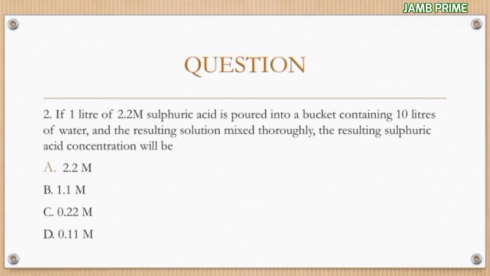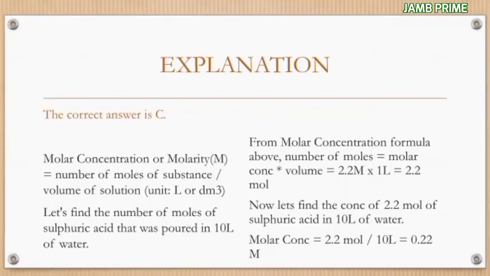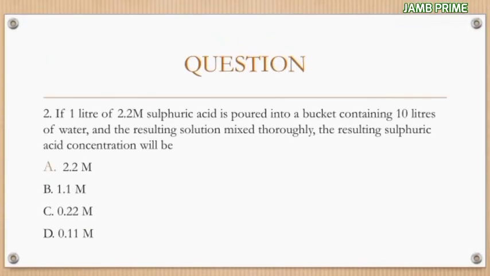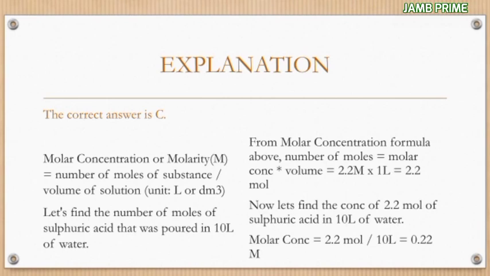If you know molarity, the formula that connects them, the answer is C. So let's see why it is C. Molar concentration, or molarity, given as M, is equal to the number of moles of substance over the volume of the solution.